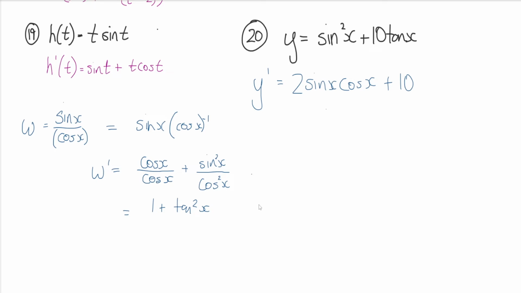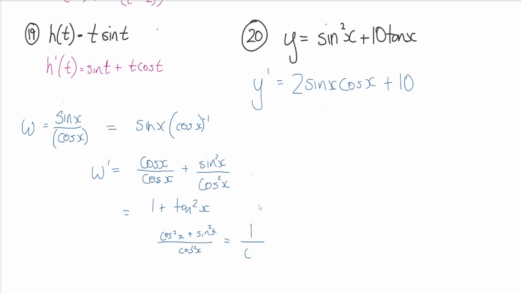Because now this will be cos squared x plus sine squared x all over cos squared x. No, this is the same thing, right? So, 1 over cos squared x, which is just secant squared x. Right? Yeah. Okay.